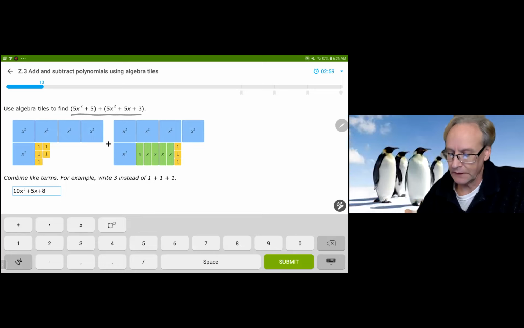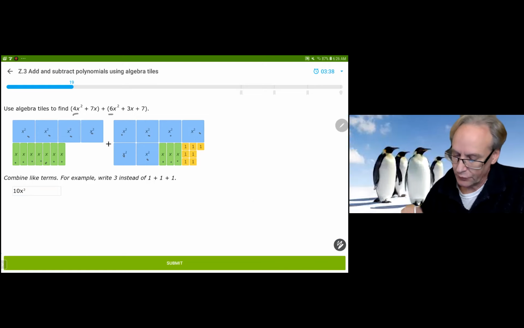Okay, let's count them, shall we? We've got 1, 2, 3, 4, 5, 6, 7, 8, 9, 10 x squareds, of course. And of course, we can see that because we added the 4 with the 6. For x's, we've got 1, 2, 3, 4, 5, 6, 7, 8, 9, 10 x's.